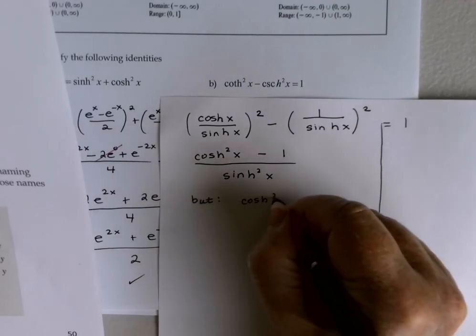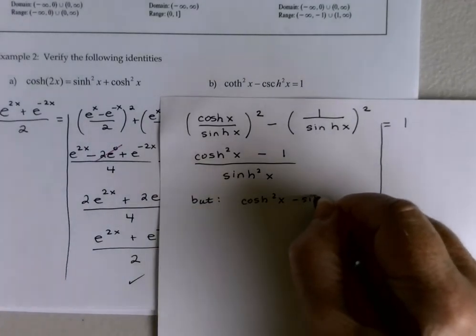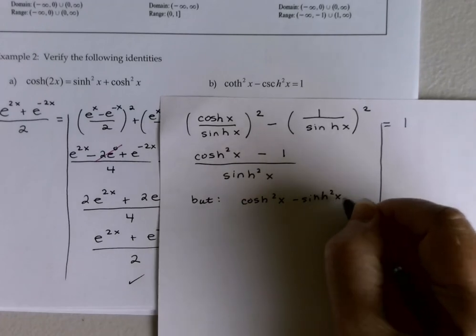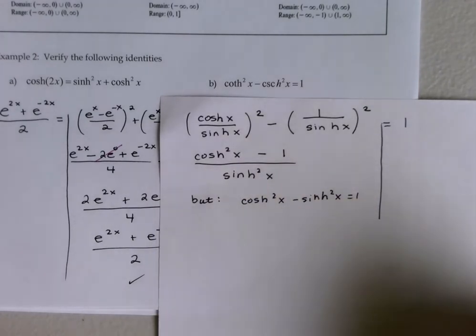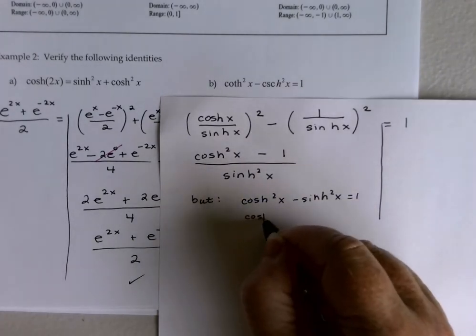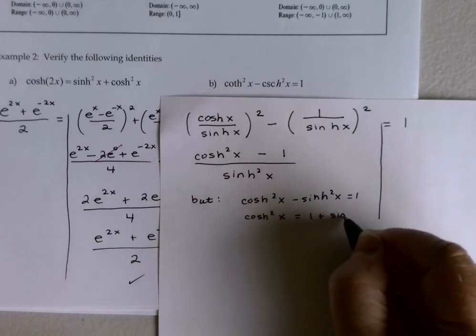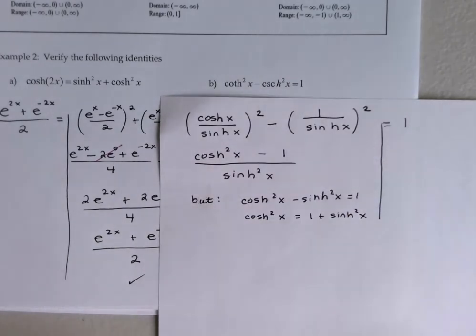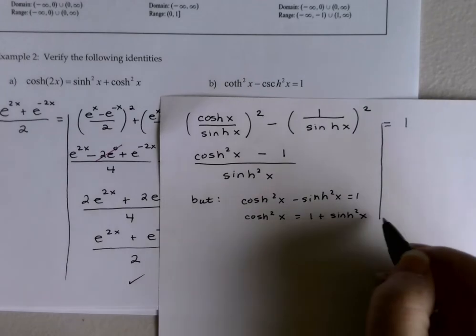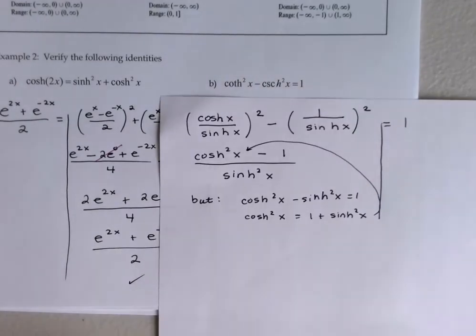We know cosh squared x minus sinh squared x equals 1. So actually I could even do it this way. Cosh squared x then would be 1 plus sinh squared x. And I can plug that in right there.